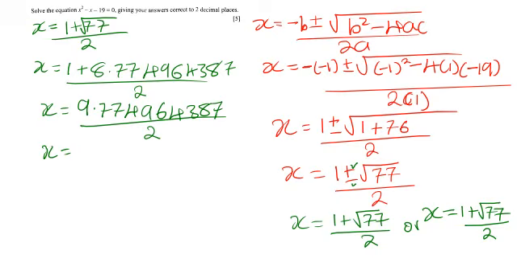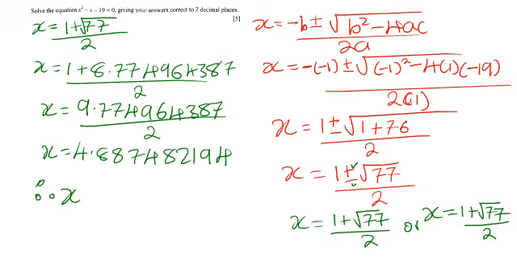You are going to get 4.8874821994. Therefore your first answer will be x equal to, and remember, they have said two decimal places. The decimal places are the numbers that are after the point. So these numbers, 8874821994, are decimal places.